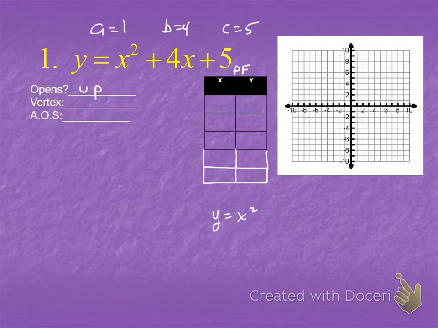So now, the parent function. To find out what this looks like, we need to just pick some x values, plug it in, and see what y is, so we had some points. Now, because I've been graphing these for a long time, I know the best numbers to use. And actually, let me back up. Let's not add 2 rows here.